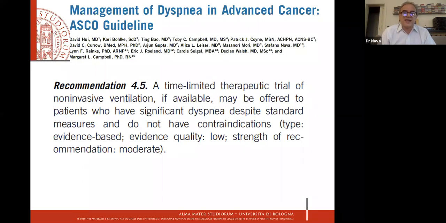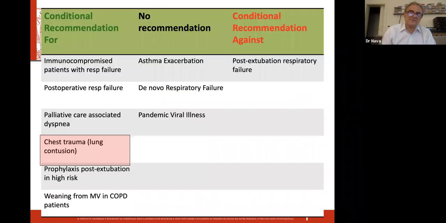But these recommendations were very similar to what we decided in the task force. And I'm happy that the American Association of Clinical Oncology also came out with a recommendation very similar to ours.